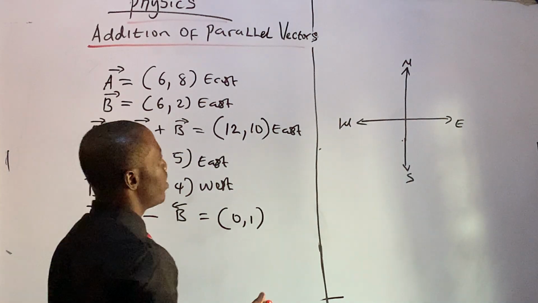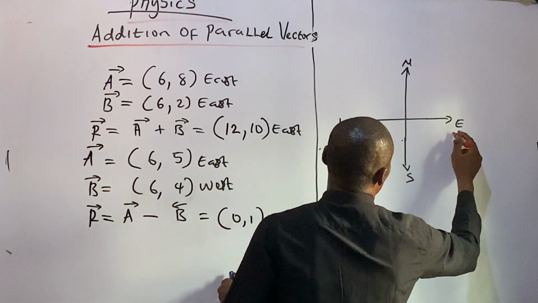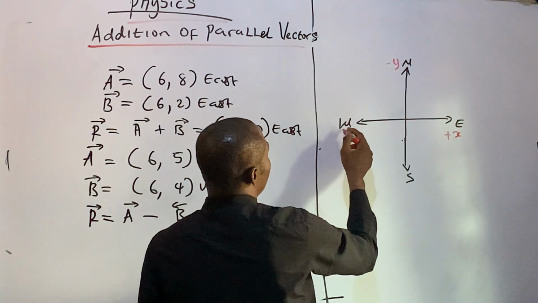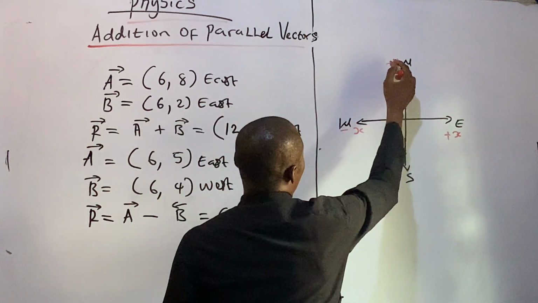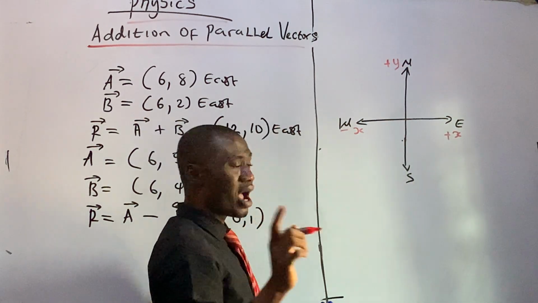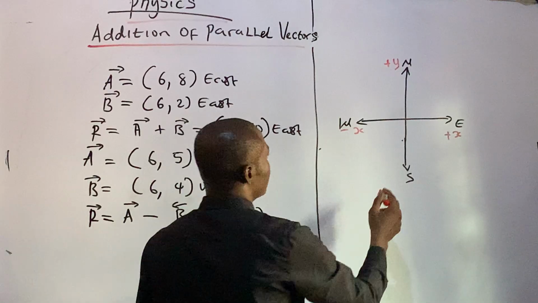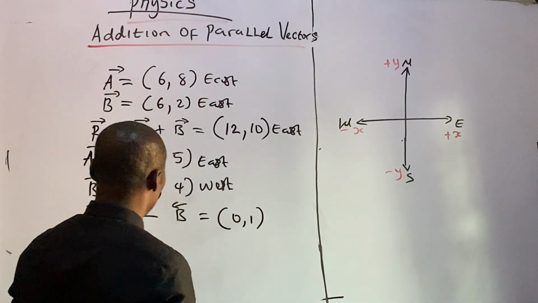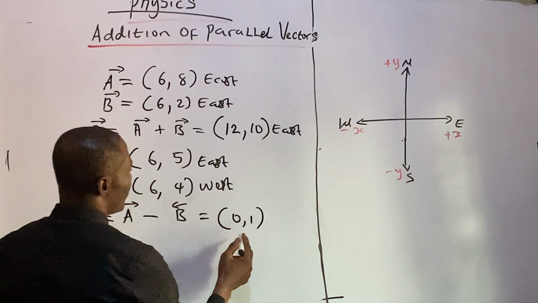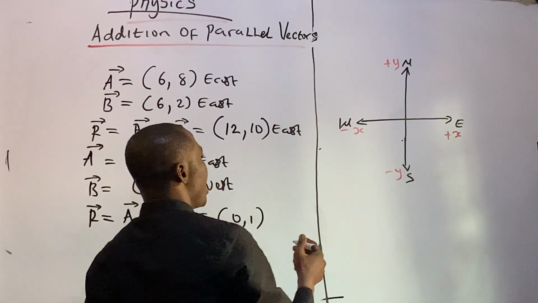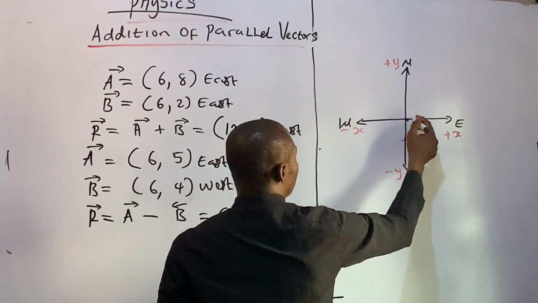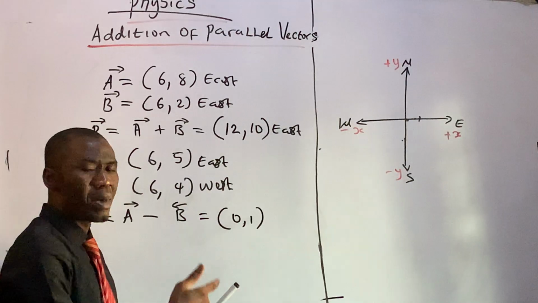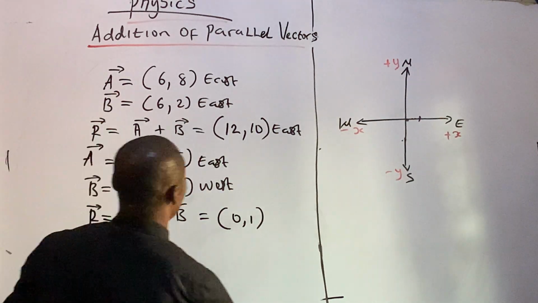If you recall, this is your positive x-axis, negative y-axis, negative x-axis, positive y-axis. Sorry for that. Now, you recall that this vector is going to be somewhere around here towards the x-axis because we have 0, 1.